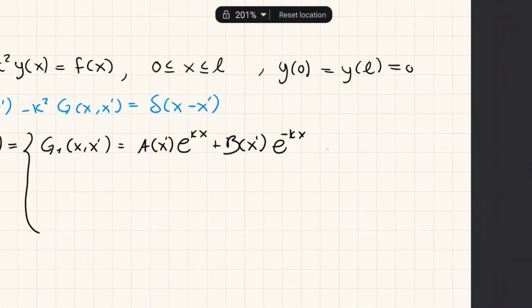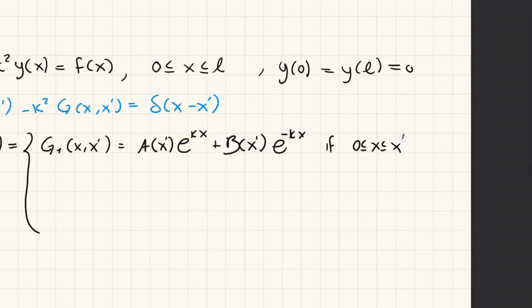And like I mentioned, this is for the interval where x is between 0 and x prime. So it will be 0 less than or equal to x less than or equal to x prime, which is of course less than or equal to L. Here our variable of interest is the x, okay?